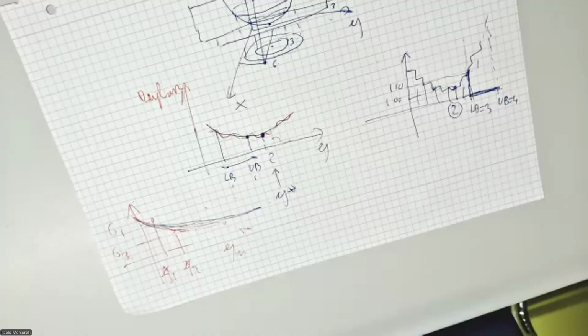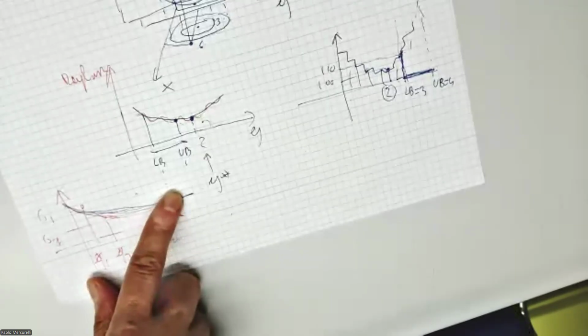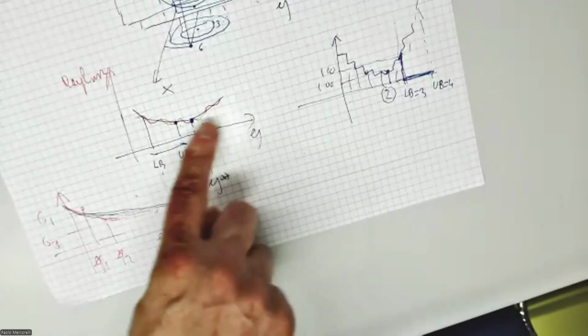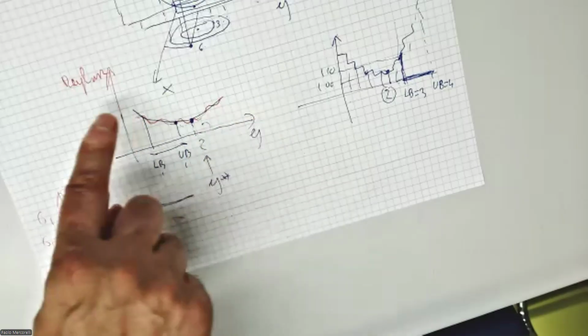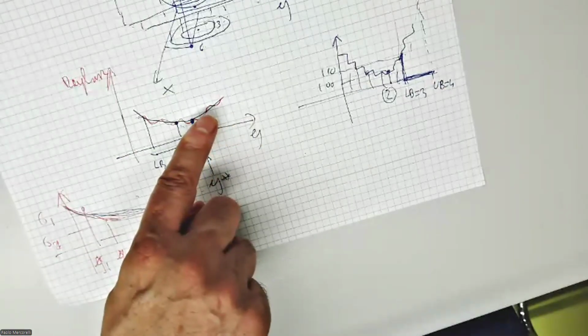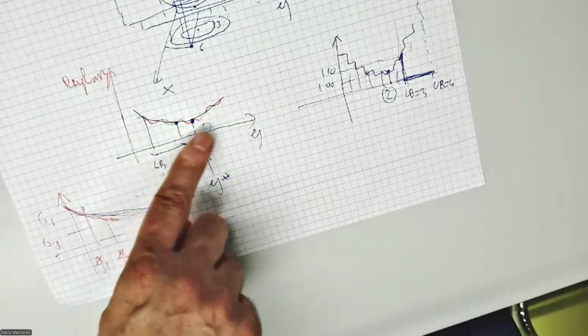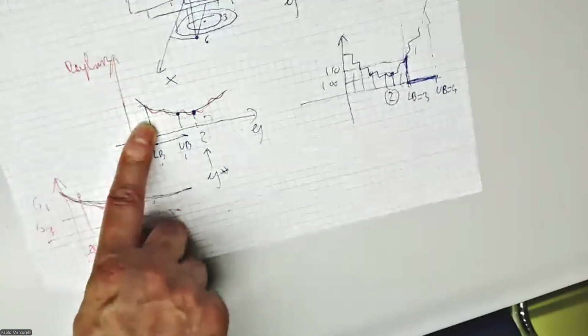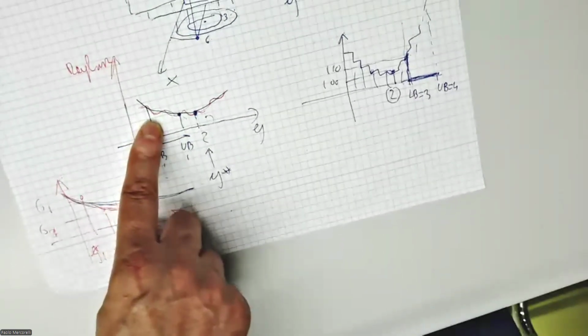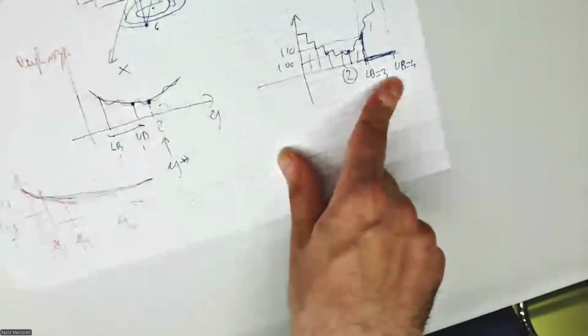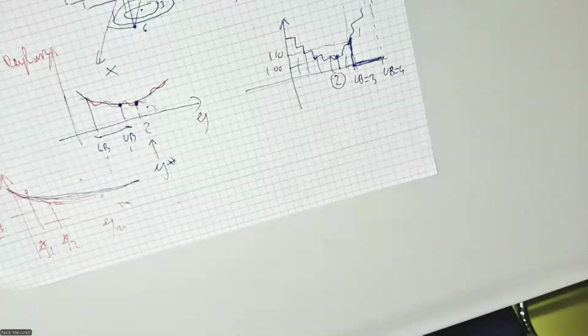Practically we don't have a blue curve. Practically we don't have a red curve, even though the red curve nevertheless represents the reality. We have something like that because of the discretization of the surface.